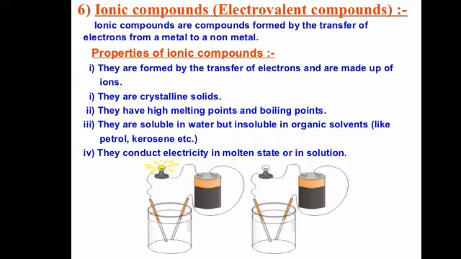First, they are formed by the transfer of electrons and are made up of ions. Second, they are crystalline solids, that is, their nature is crystalline. Third, they have high melting and boiling points due to the large attraction between the oppositely charged ions.